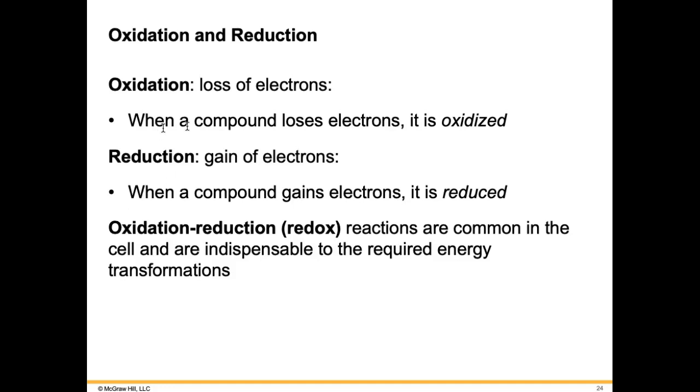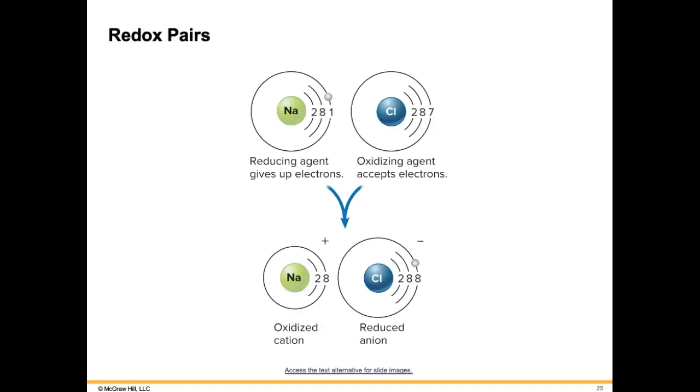So when a compound loses electrons or becomes more positive, it's oxidized. And when a compound gains electrons, it's reduced or becomes more negative. Oxidation reduction or redox reactions are common in the cell and are indispensable to the required energy transformations. I'm going to keep this simple.